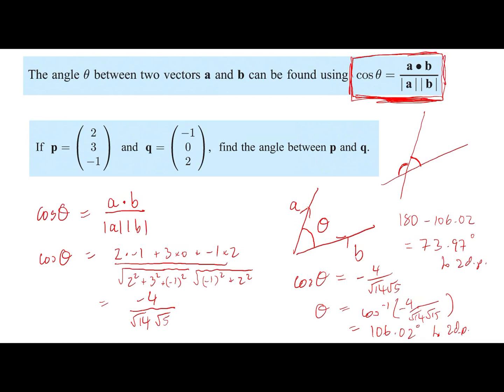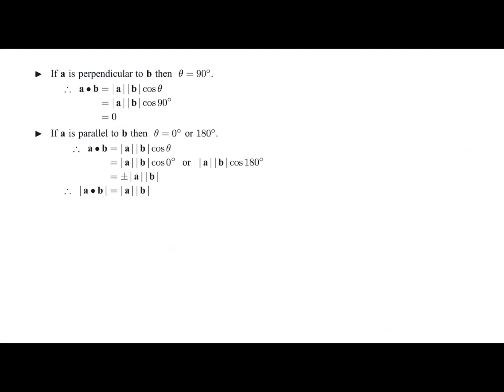Okay, so we can use this formula to find out the angle between two vectors using the dot product. Okay, so I hope that makes sense. So hopefully some obvious things come out of this. Firstly, if A dot B is equal to 0, then when you're trying to find the angle, it really doesn't matter what the magnitudes of the two vectors are.